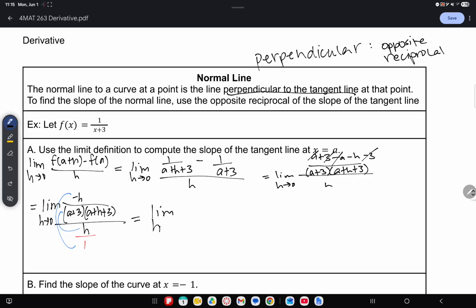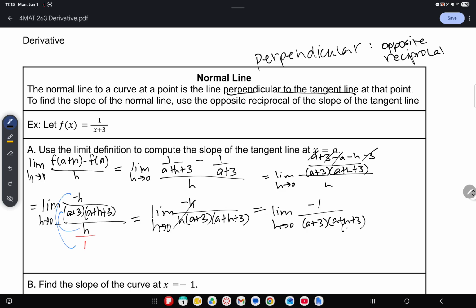So we get the limit as h goes to 0. Big C is negative h times 1, and little c is h times a plus 3 times a plus h plus 3. The h's will cancel out or simplify down to 1. So I get negative 1 over a plus 3 times a plus h plus 3.